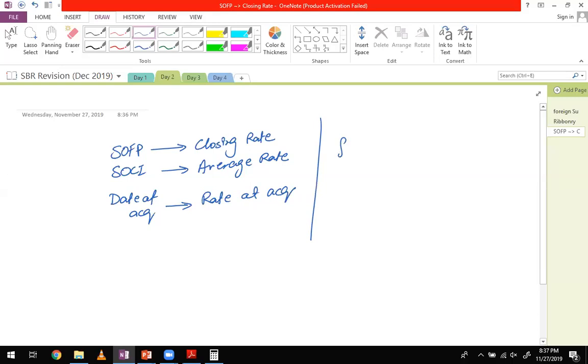So we can say all of the for the year items are going to be translated at the average rate, and all of the as at items will be translated at the rate at the date of that transaction.